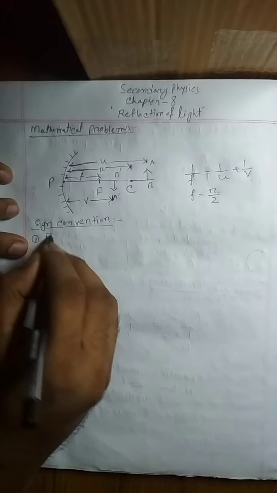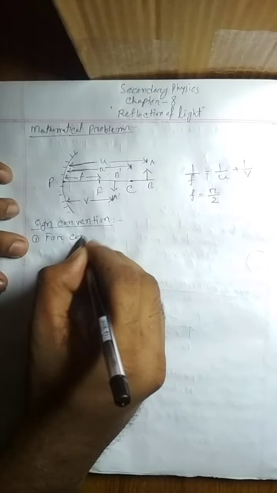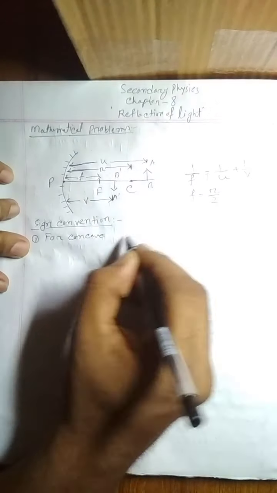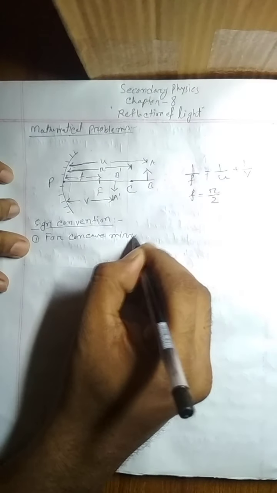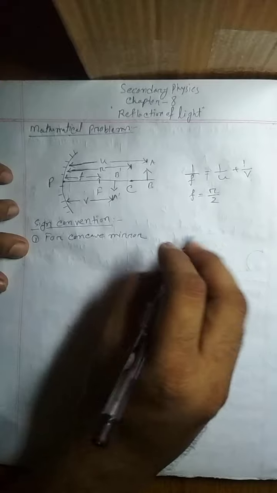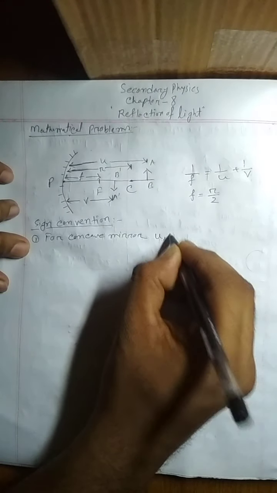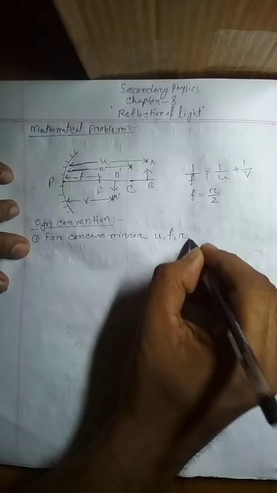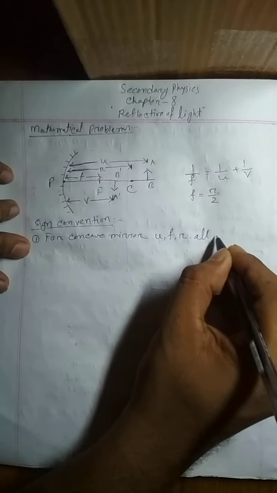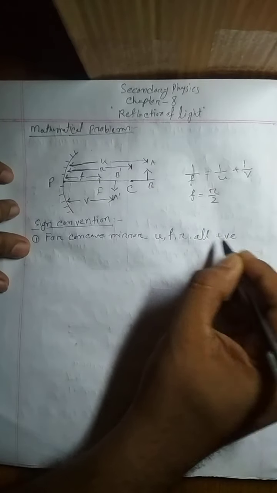One, for a concave mirror, u, f, r are all positive.